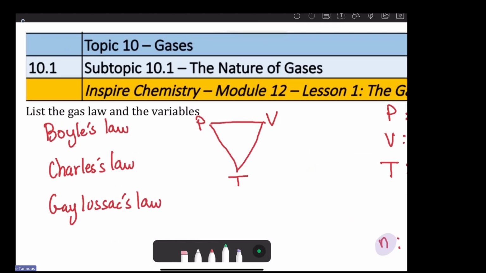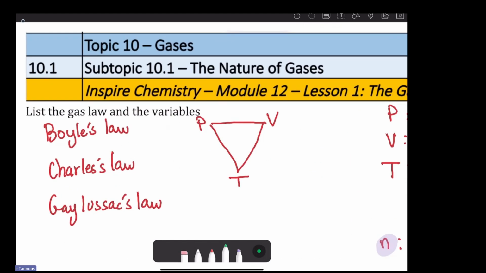Now, Boyle's law. Boyle's law operates at constant temperature. So you hide the temperature and the formula will be between pressure and volume. So it's P1 V1 equal P2 V2.